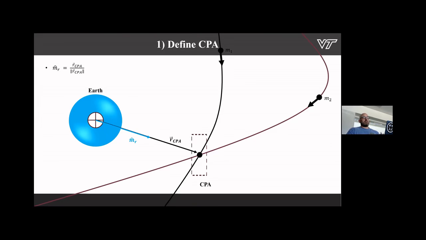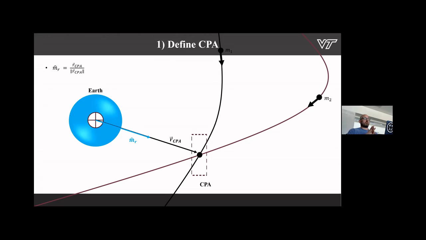Essentially, I define what's called a CPA, a closest point of approach. I take a position vector from the center of the Earth to the point predicted as the two satellites' closest point of approach.